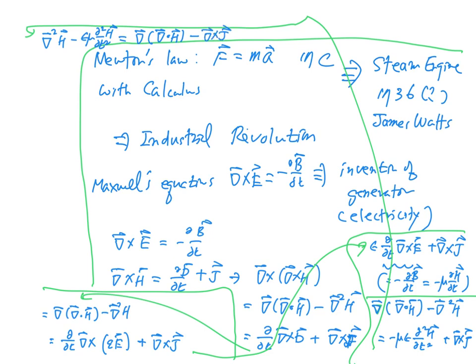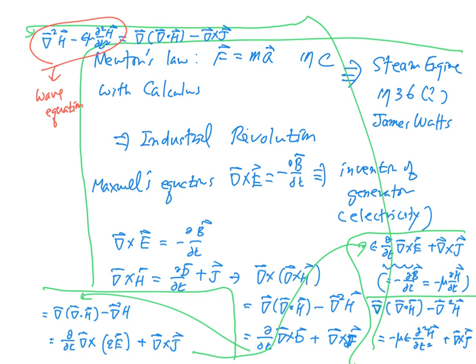But this part is the important part. This is actually called the wave equation. That means Maxwell discovered that the solution of Maxwell's equations is actually a wave. So the electromagnetic field is a wave, which is a propagating solution.